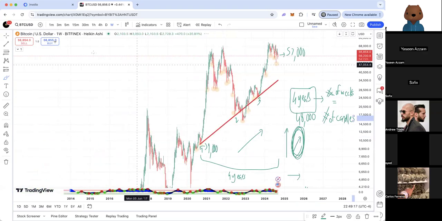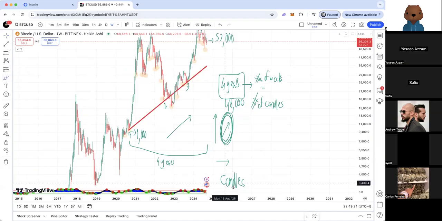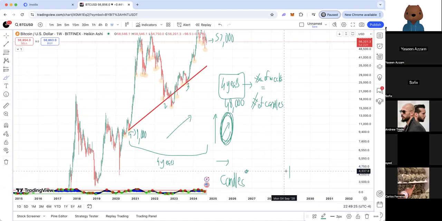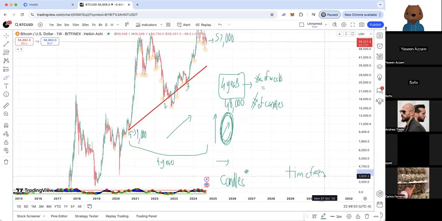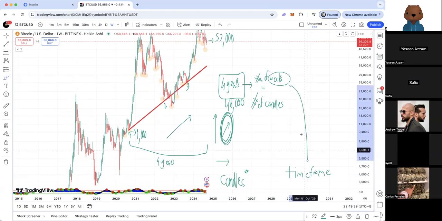So what is the time frame? We're going to introduce another definition here. We just introduced candles as a definition, right? We're going to introduce time frame. Time frame is the unit for this.